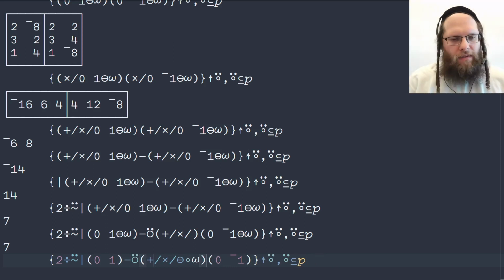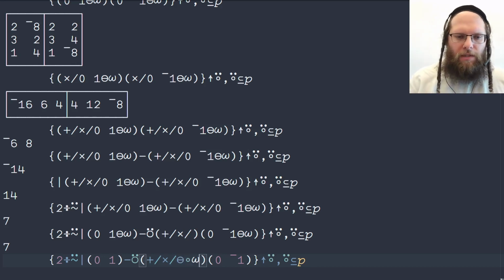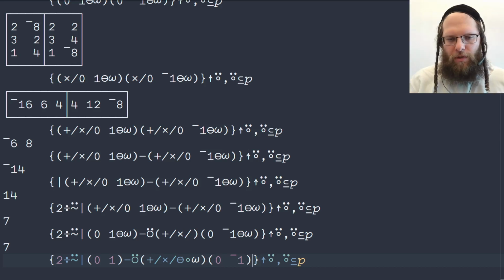A slight hiccup here is that this is a tacit function that we're using, and that's necessary because we want to refer to the argument of the outer function. If we used braces here to make a little lambda, then omega would now mean the argument that's being given to this over construct.